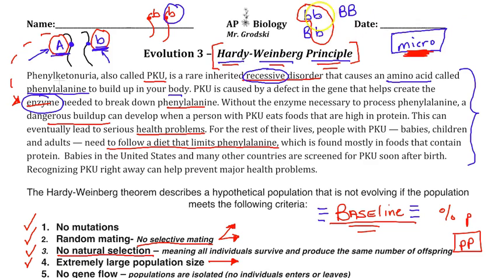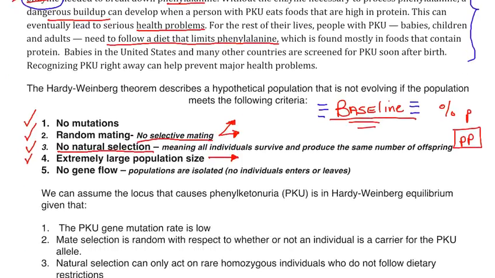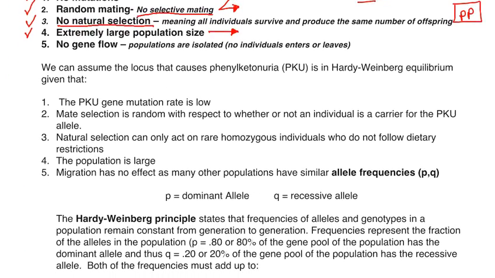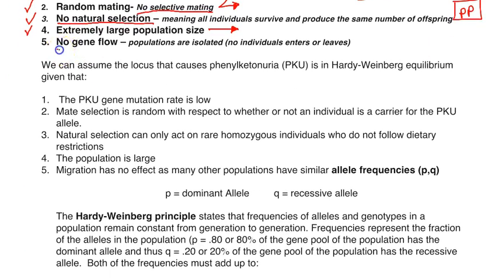Think about 3 individuals in your population. What if these 2 were to die? Then you lose all your what? Recessive. So the larger the population, the less chance you have of having a change in the frequencies by chance events. And no gene flow, meaning we don't have a tremendous amount of new alleles entering. So these populations are generally isolated.